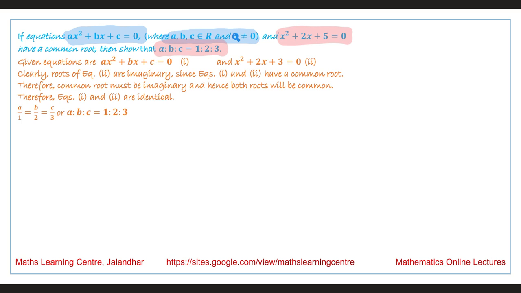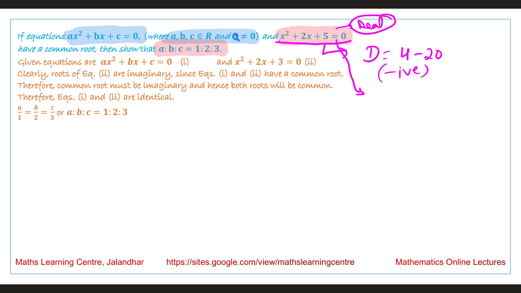Now if we look at this second equation, the first thing is that its coefficients are real. The discriminant, b² − 4ac, is negative. It means the roots of this equation are imaginary: if one root is a + ib, then the other root will be a − ib.